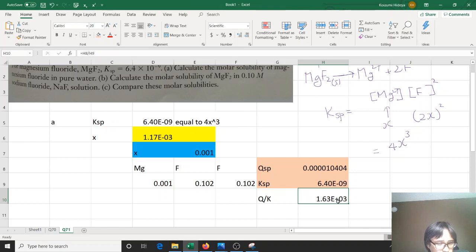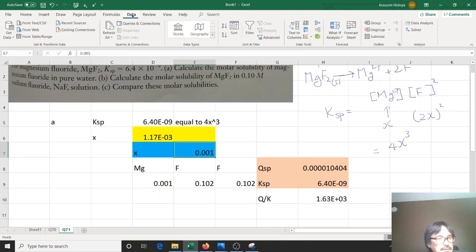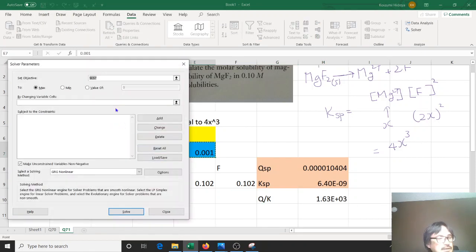I'm going to change this one to the value of 1 by changing this. So let's do that. Solver. I am going to change that one to have a value of 1 by changing this one.